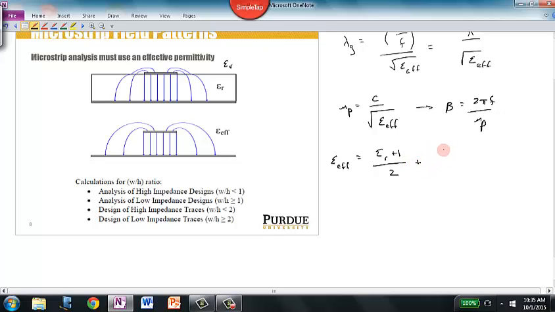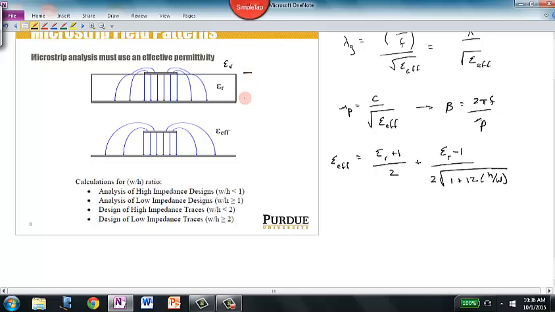We then add to it epsilon r minus 1, divided by the quantity 2 times the square root of 1 plus 12 times the H to W ratio of the microstrip T-line.